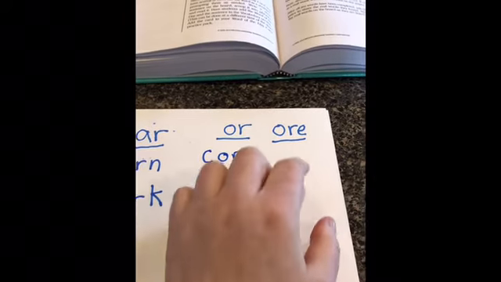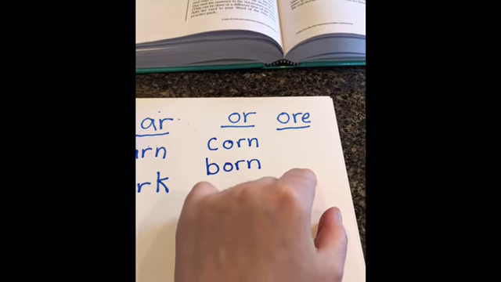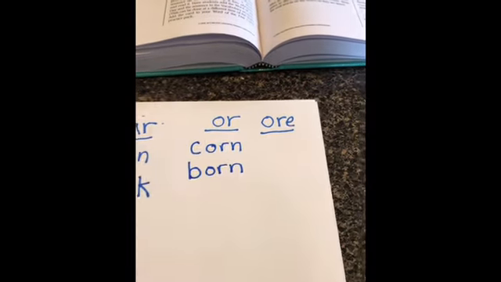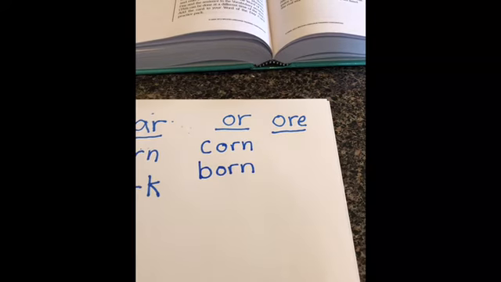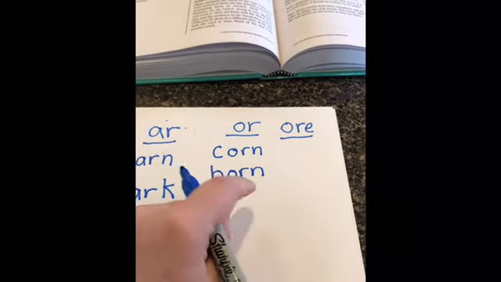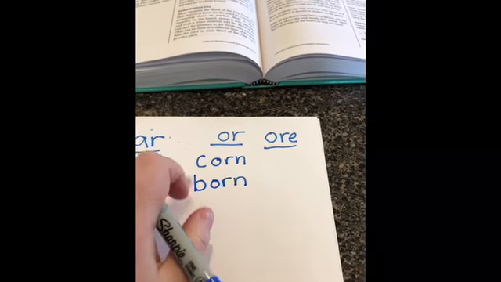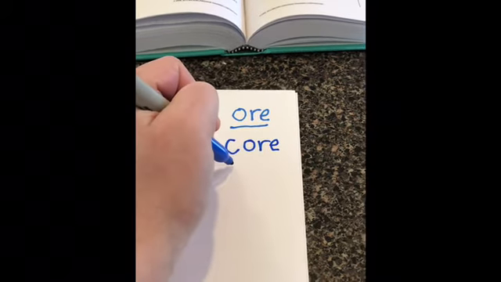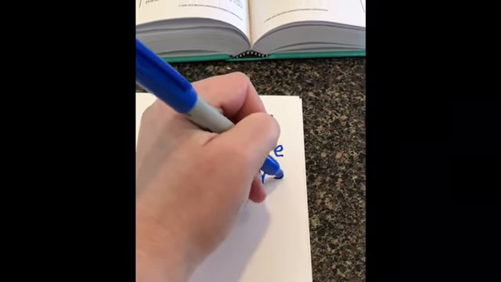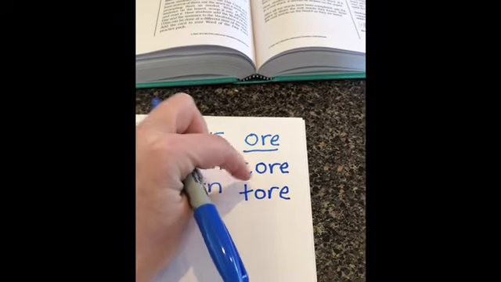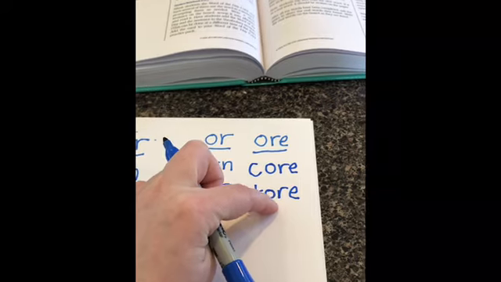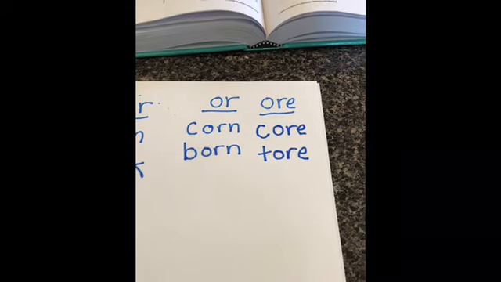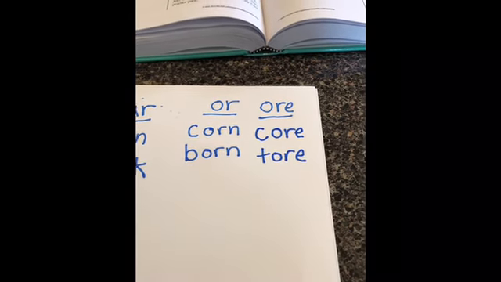Okay, now we are going to talk about when to use OR and when to use ORE. So I'm going to put a couple words here, and I want you to think, before I tell you, if you can guess what the rule is. Core and tore. I'll give you 3 seconds to guess what the rule is.